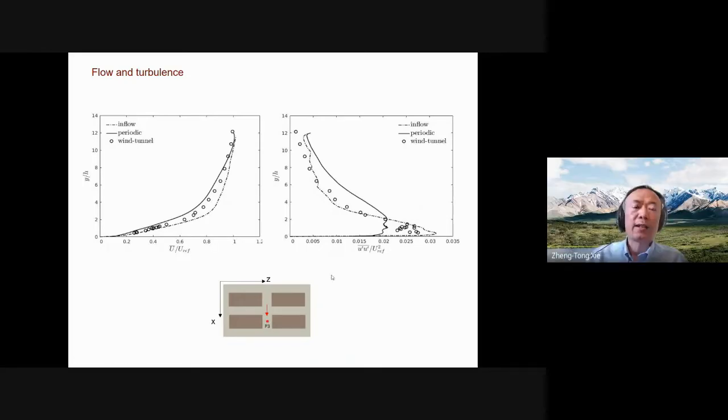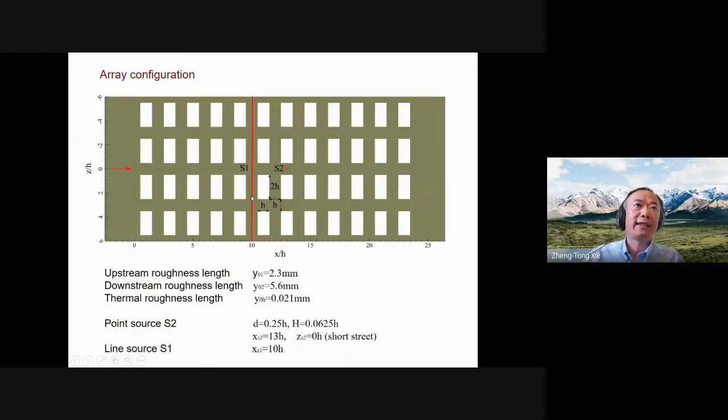I don't remember exactly, but some people published papers saying you have to be careful: at least 8H from the leading edge of the array. What we focus on are these areas, so 8H and 10H at least.